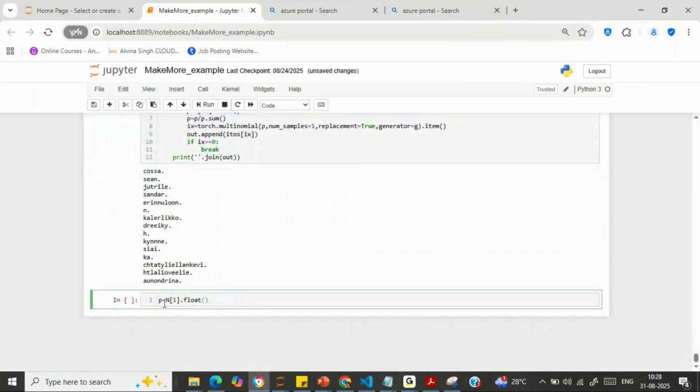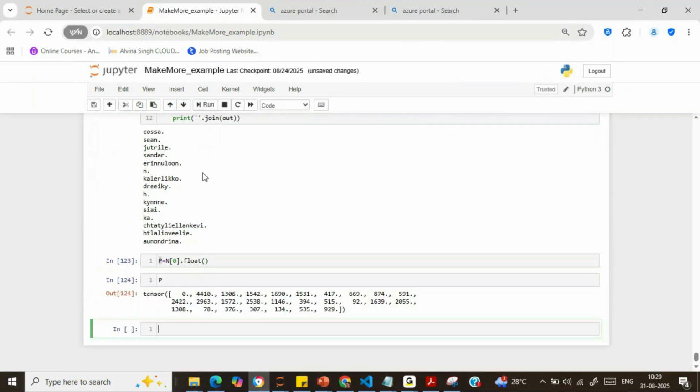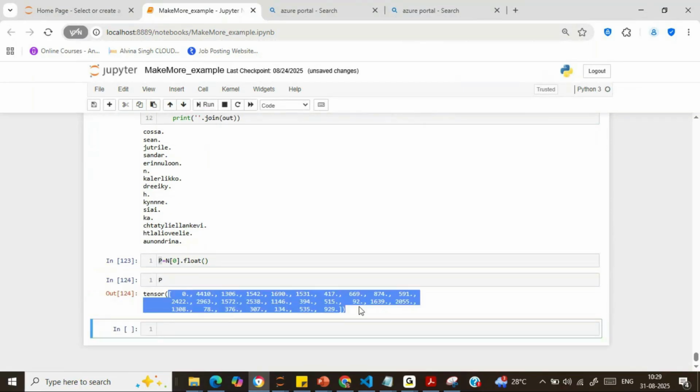I have taken the zeroth row from the given tensor, and let me denote it with capital P at this moment, and let me try to print P. Okay, so P is this one.